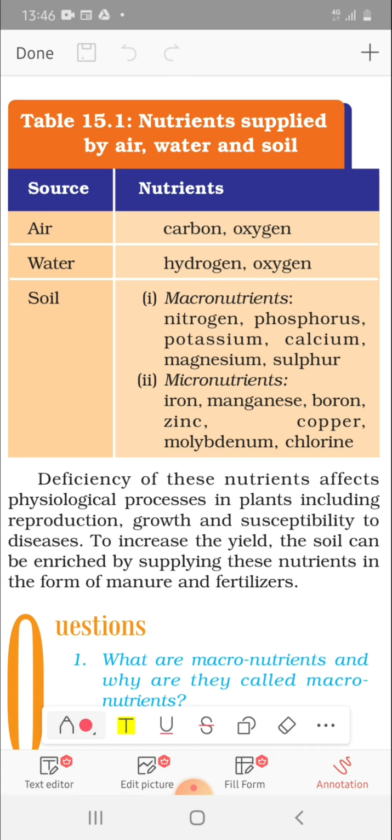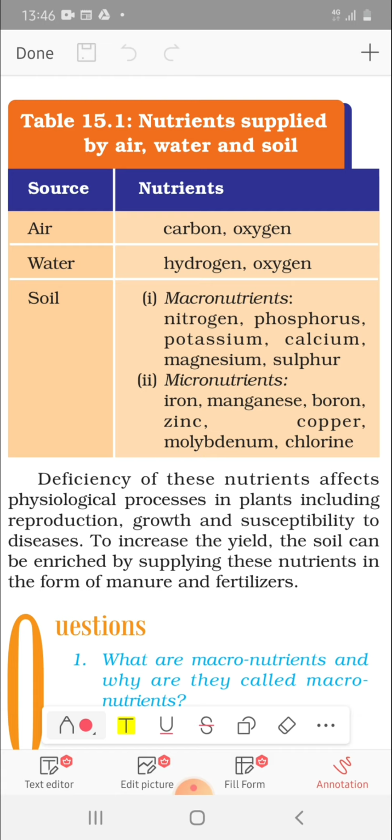Now this table shows the nutrients supplied by air, water and soil. See the sources. From air they get carbon and oxygen. From water they get hydrogen and oxygen. From soil they get macronutrients. What are the macronutrients which are required more in amount?